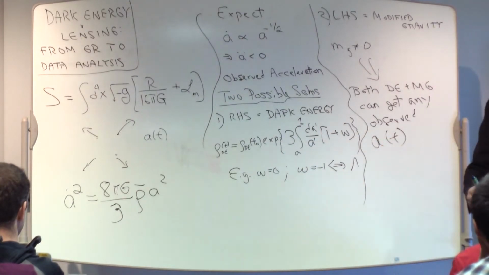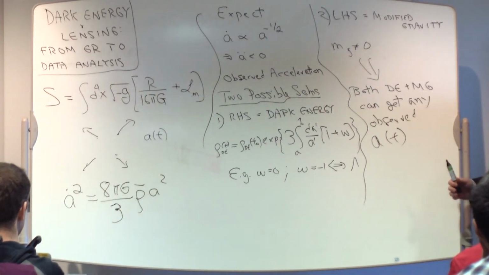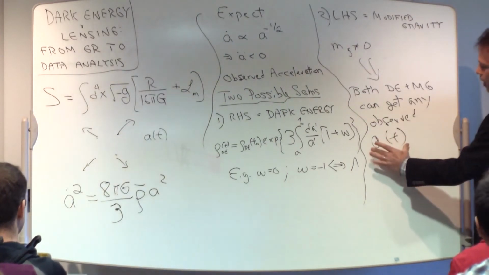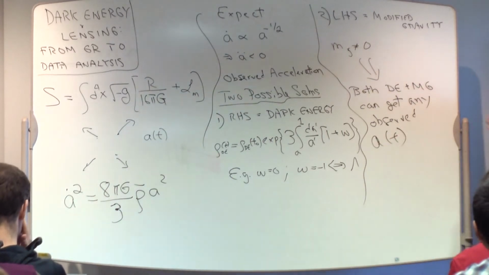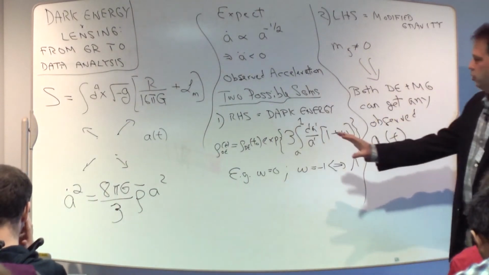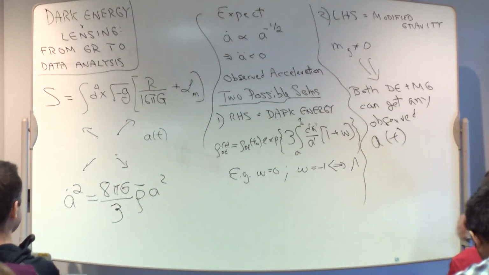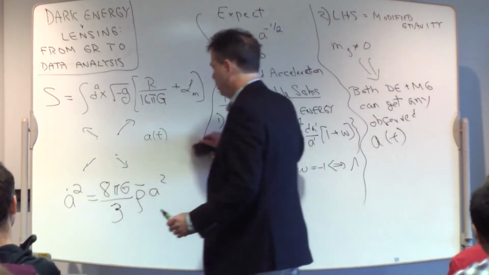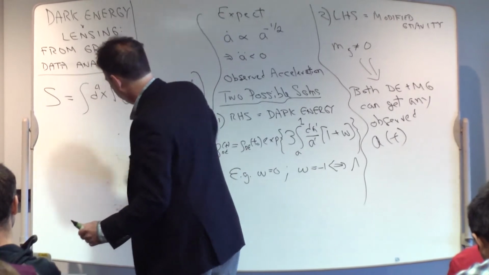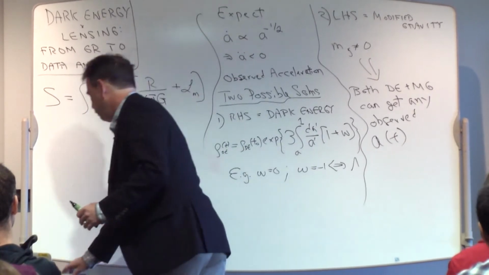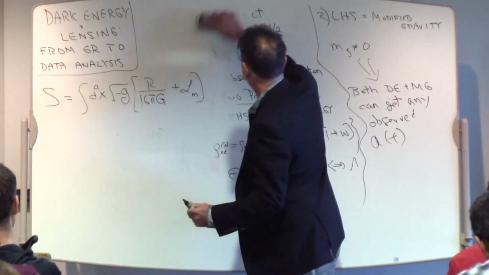For example, supernovae and baryon acoustic oscillations and other probes have measured these distances as a function of time. You can explain those with either dark energy or modified gravity. So the question becomes, how are we going to distinguish dark energy from modified gravity?